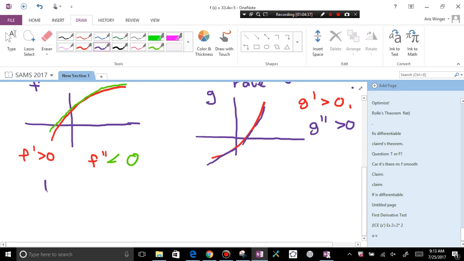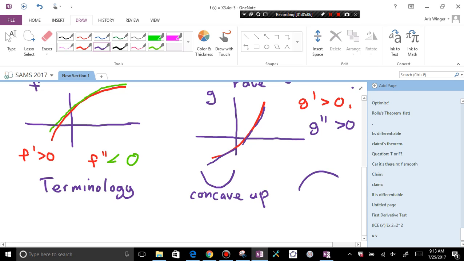So terminology. A function that looks like this we're going to call concave up. Concave up. Function looks like this, concave down.